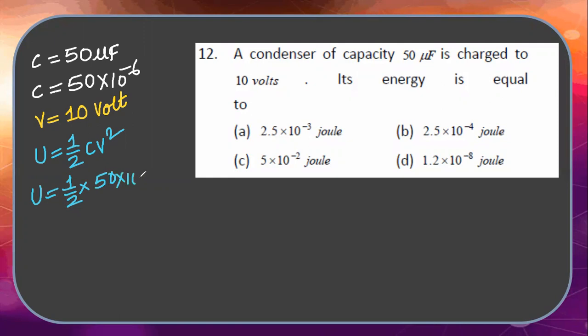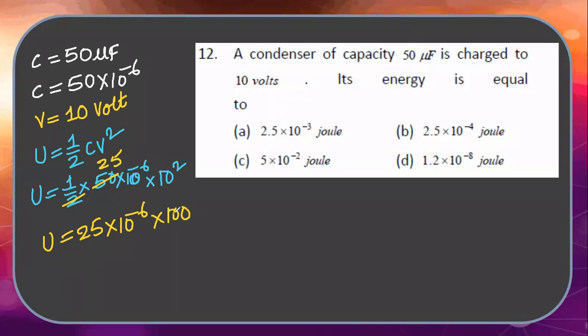C is 50 into 10 power minus 6 into 10 square. It will get cancelled, 25 times. So 10 square. Then 25 into 10 power minus 6 into 100.